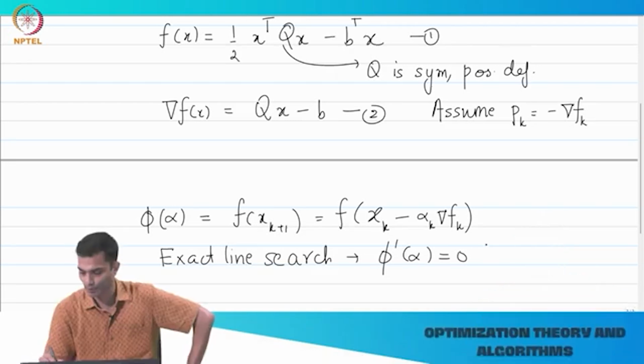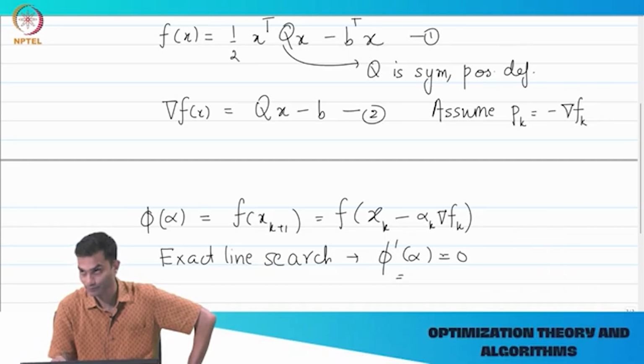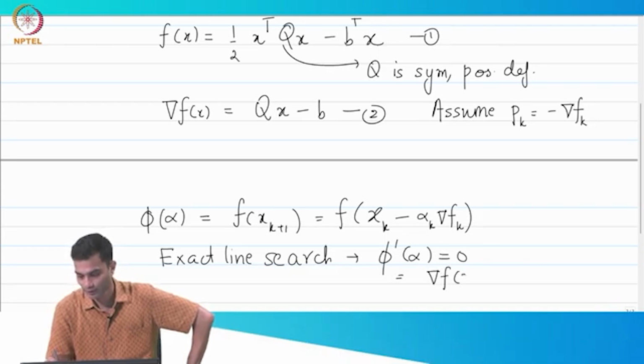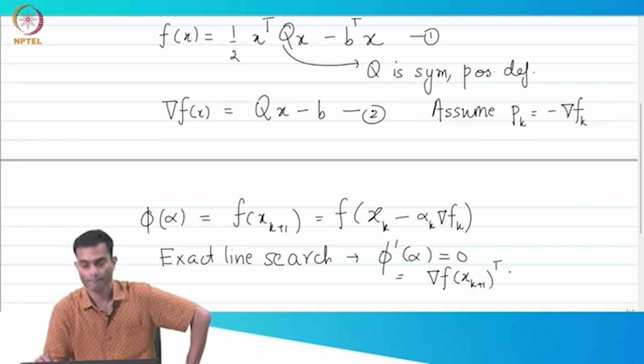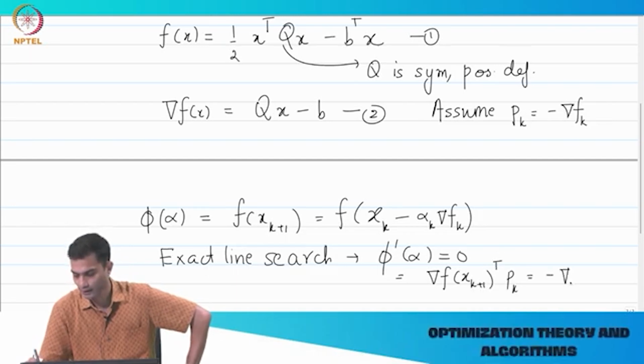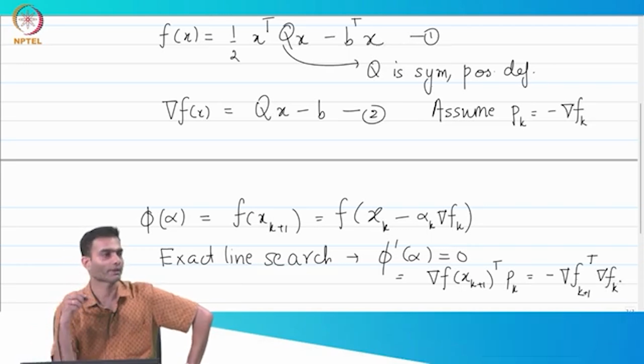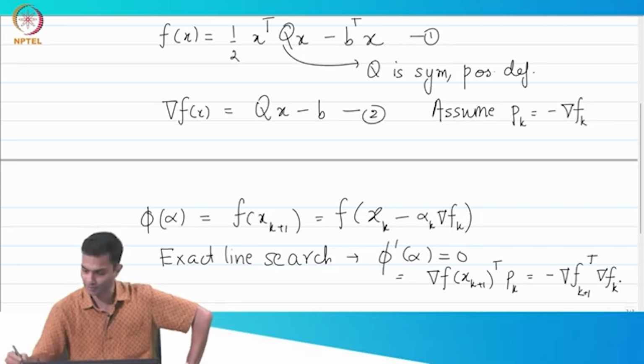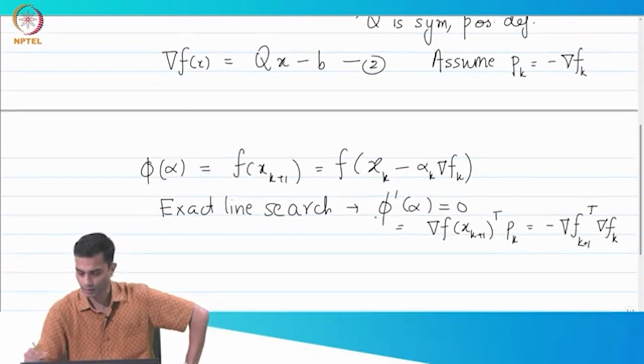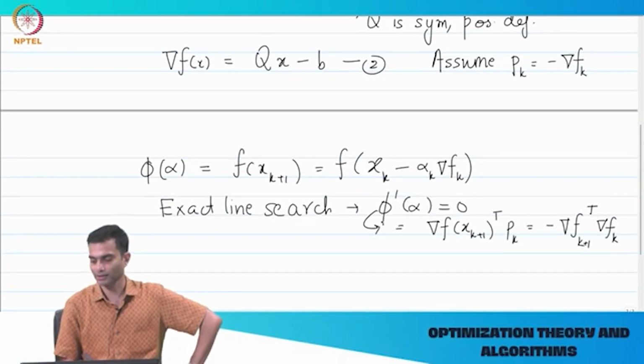Can someone remind me what was the expression for phi dash alpha? Grad of f of xk plus 1 transpose multiplied by pk, right? Which is going to be negative grad f k plus 1 transpose grad f k. This is just simple substitution. This is what phi dash alpha is going to give me.